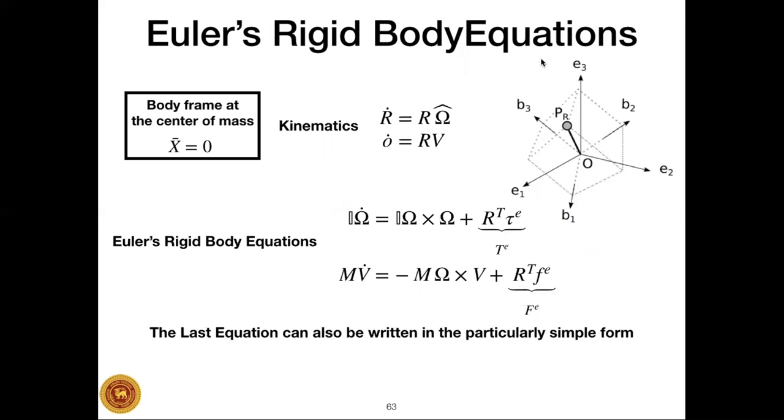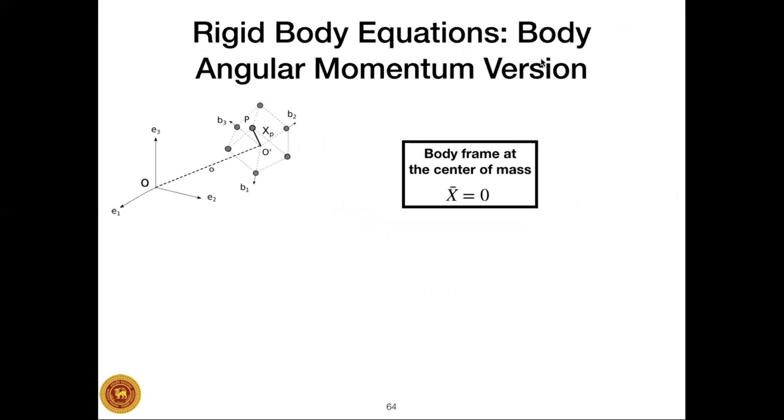The last equation, this one over here, can also be conveniently written down in terms of the E frame quantity. So sometimes it is convenient to use this and this expression over here, or the equivalent expression, that is that expression over here. So that was in terms of angular velocities.